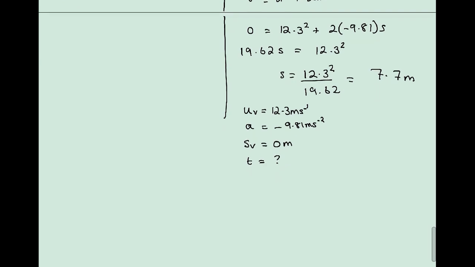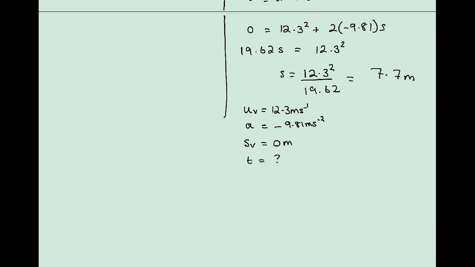So looking at those bits of information, the equation we want is s equals ut plus half at squared again. And as always, there's a piece that disappears for being 0, and in this case it's the displacement that's 0. So I've got 0 equals 12.3t plus half of minus, don't forget the minus, 9.81 t squared.